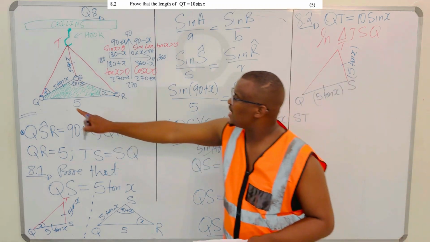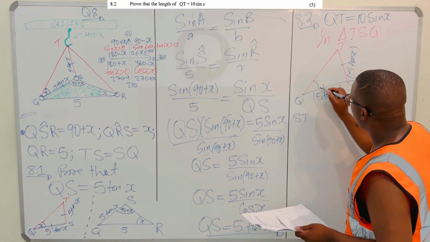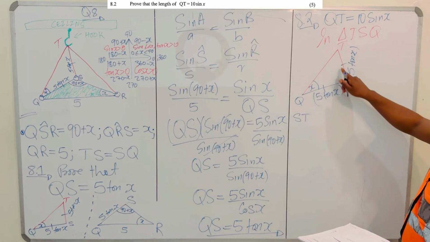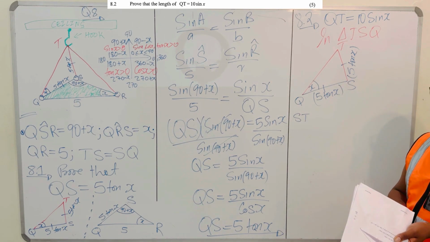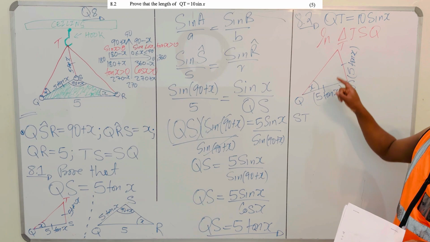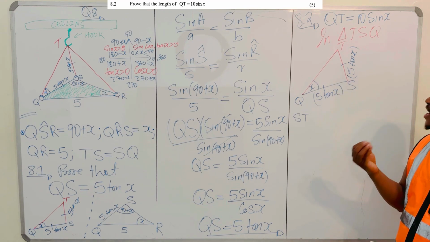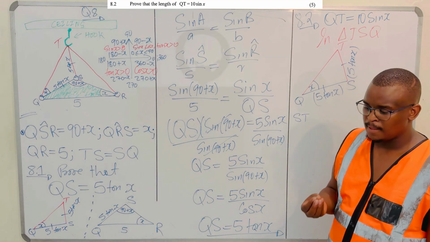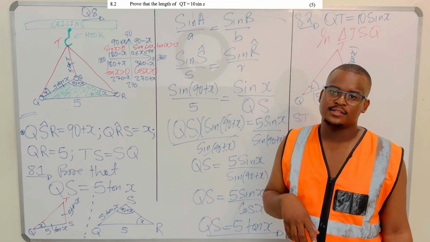We're also given that angle over there. Angle Q, which is this angle over here, we're told that this angle is x. We're told that these two sides are equal. So if these two sides are equal, you have an isosceles triangle. An isosceles triangle is a type of triangle that has two equal sides and two equal angles.